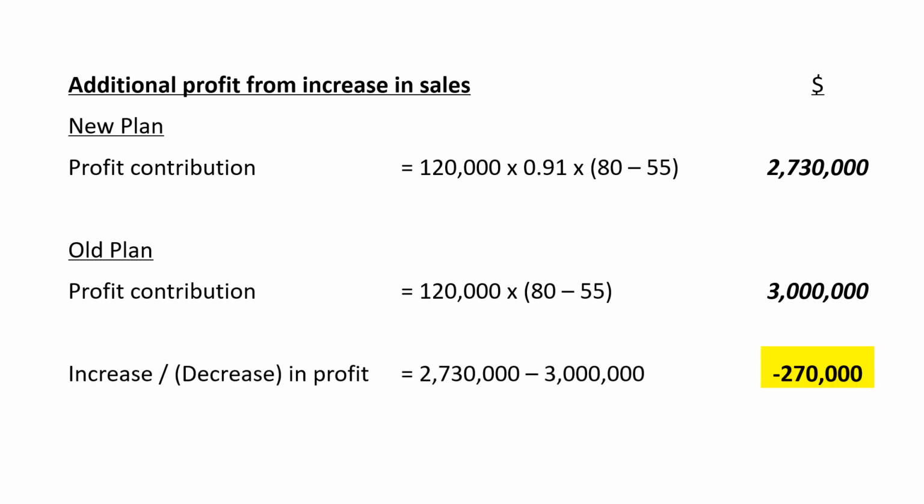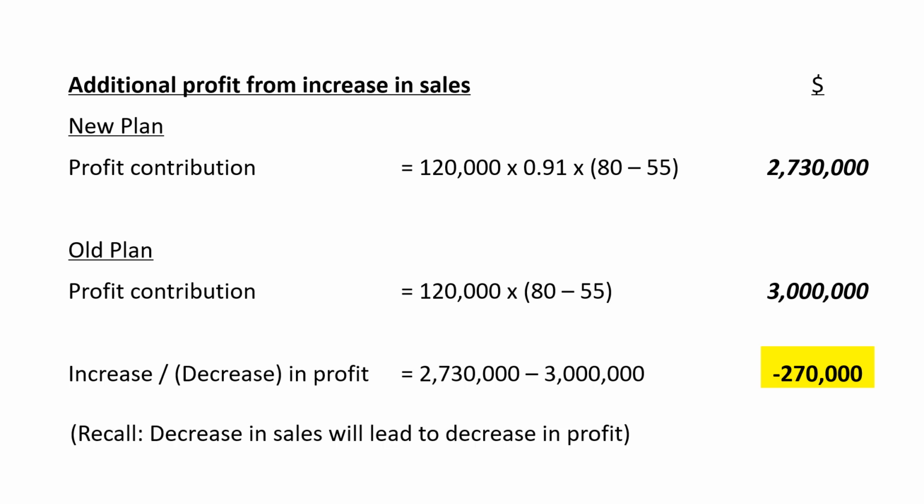The decrease in profit equals new plan minus old plan. 2.73 mil minus 3 mil gives you a negative 270k profit. Recall, there's a decrease in sales that will lead to a decrease in profit.